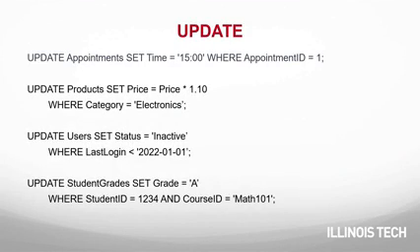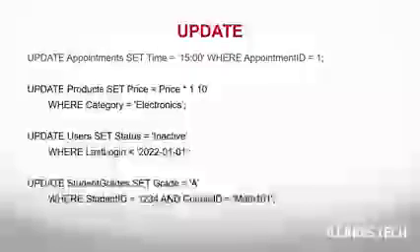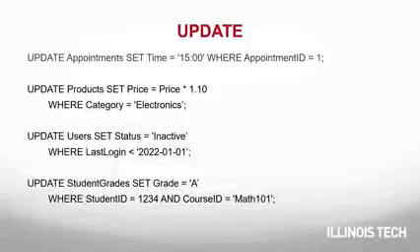The course ID is Math 101, that particular course, and set their grade to be an A. And so on and so forth. We can set one value, we can set multiple values in a single statement, however we like to do. And notice that we can update the values of multiple rows in a single statement. When we set the price to be 10% higher for electronics, every single row whose category is electronics has its price updated to be 10% higher than its current price.